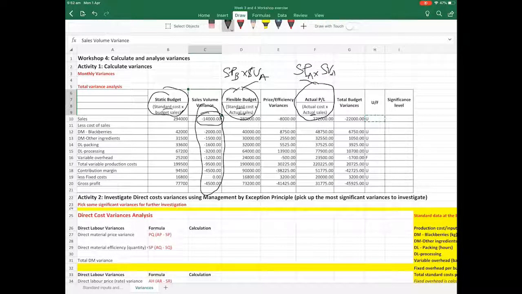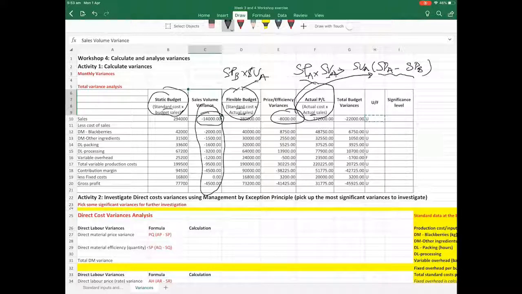If you take these together, the price and efficiency variance will equal the actual sales volume times the actual sales price minus the budget sales price. So this one is caused by the price.